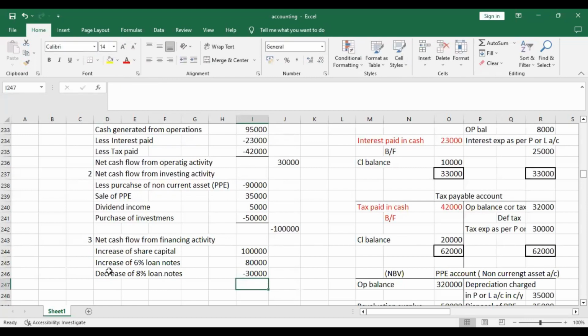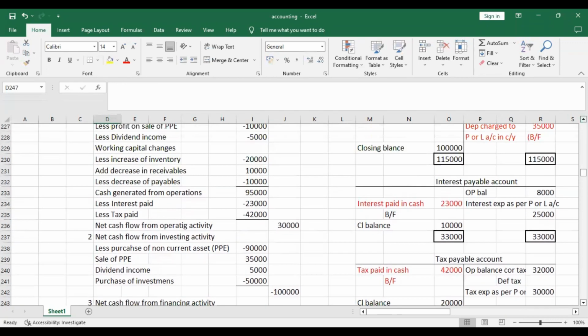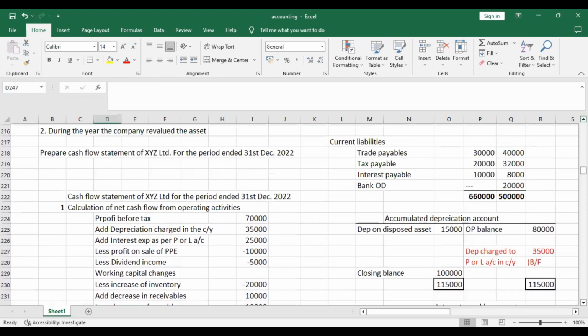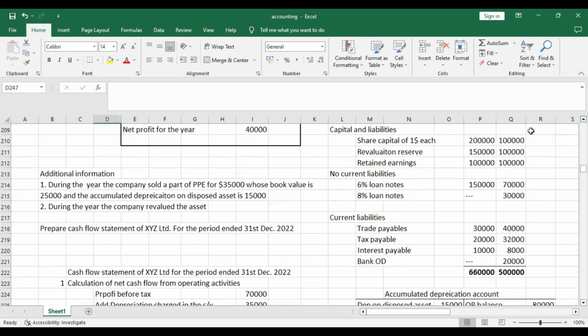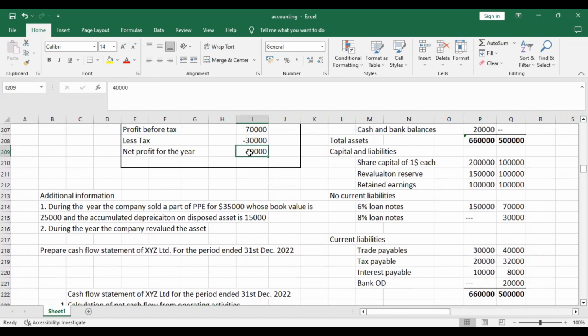Then one more important thing that you need to always keep in mind is the equity dividend paid. Please understand your retained earnings as given in the balance sheet. How much is retained earnings given? Opening balance is 1 lakh, closing balance also 1 lakh. But in the current year, you made a profit of 40,000. How is that possible?